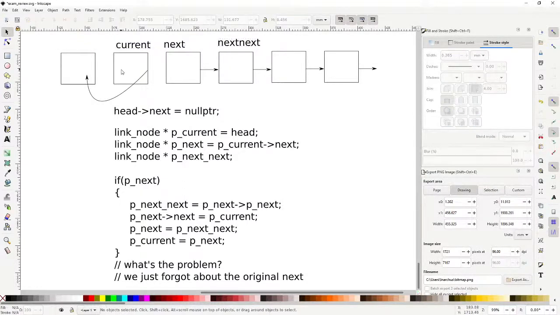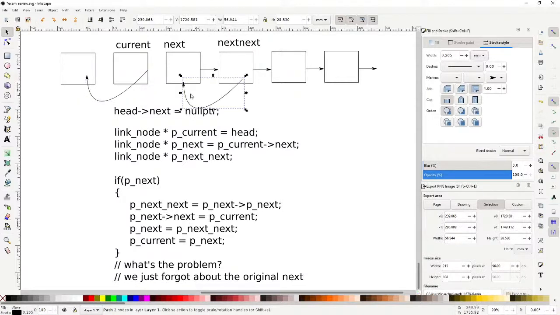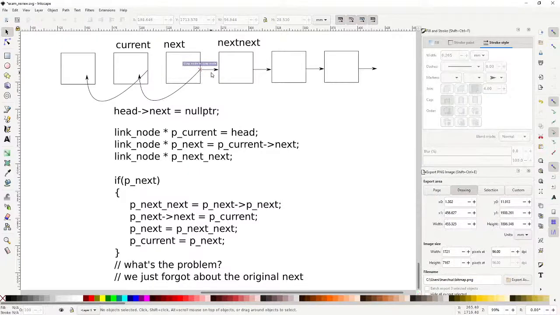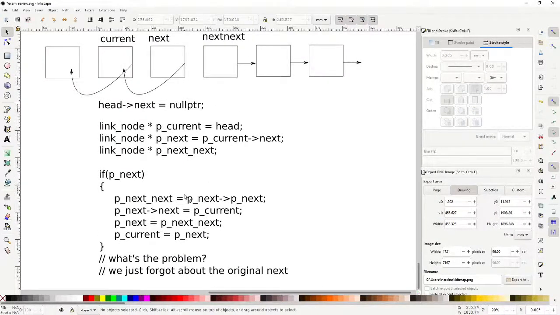So now this is the current, this is the next, and this is the next. Now it's going to set the next pointer to here, and that'll get rid of this arrow. But the good news is we haven't forgotten about this one because next is set.